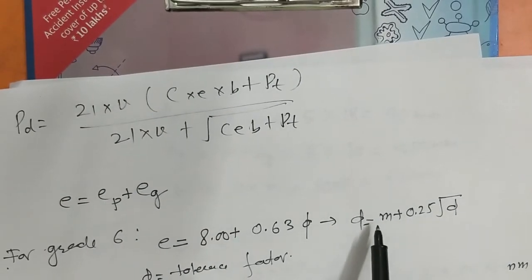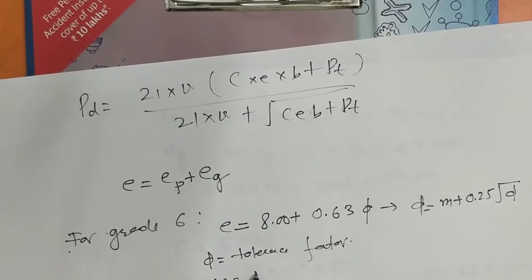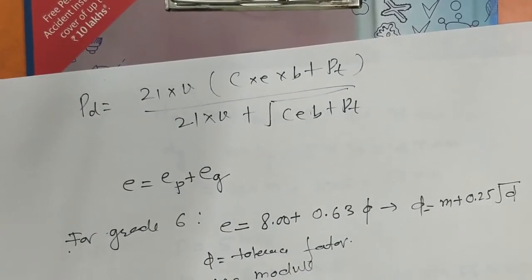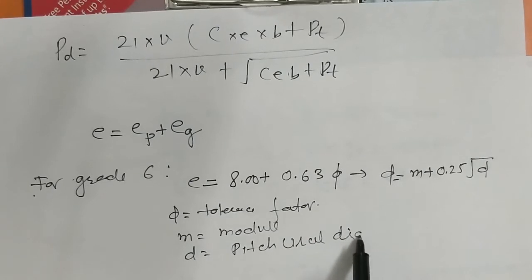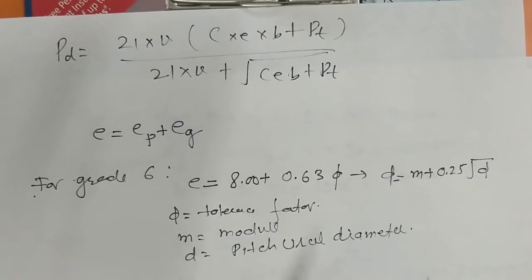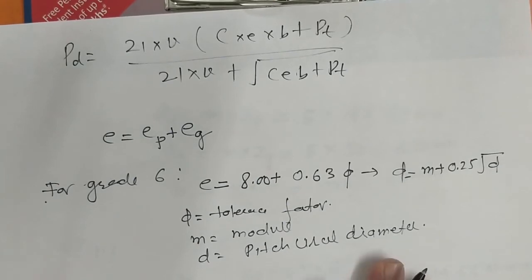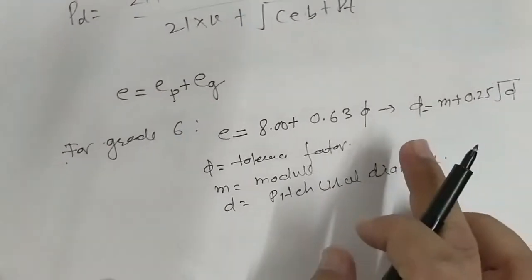So phi is tolerance factor, m is module and d is pitch circle diameter. So now we'll calculate phi.